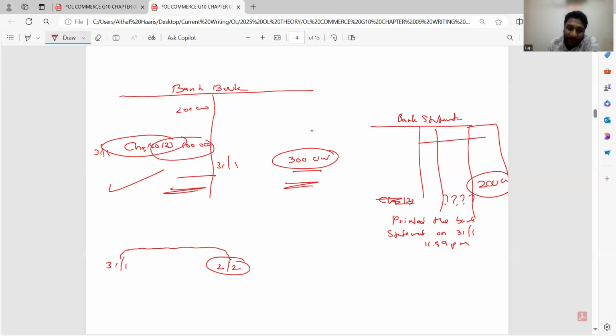The money will come to your account on the 2nd. But the problem is they have printed the statement on 31st January. Then there is a small mismatch in the numbers because of the time.